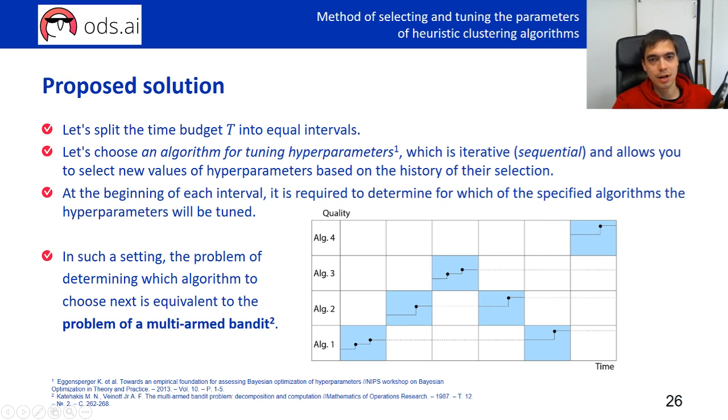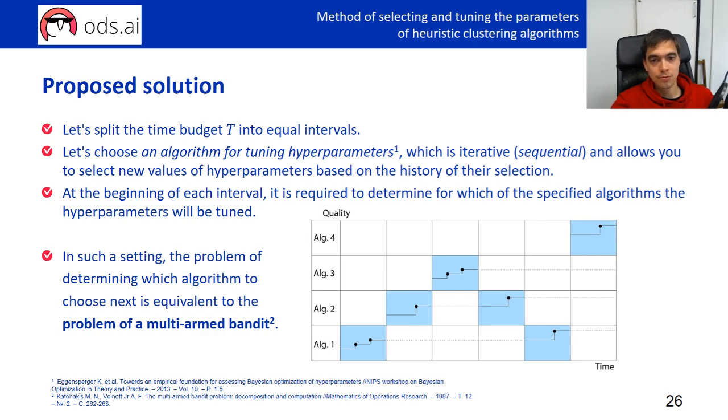Let's split the time budget into equal intervals, then choose an iterative hyperparameter tuning algorithm. At the beginning of each interval or iteration, the method determines for which of the algorithms the hyperparameters will be tuned. In a similar setting, such a problem is equivalent to the problem of multi-armed bandit, well, speaking about reinforcement learning.